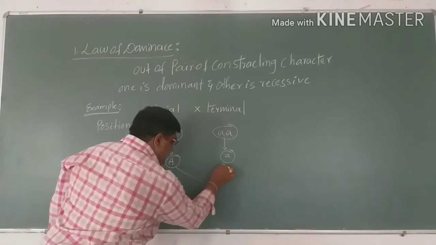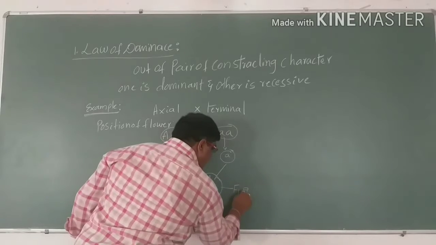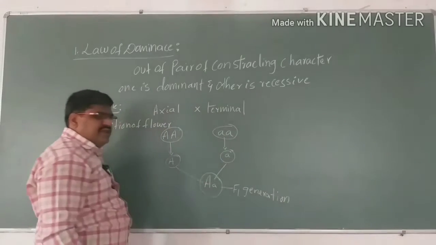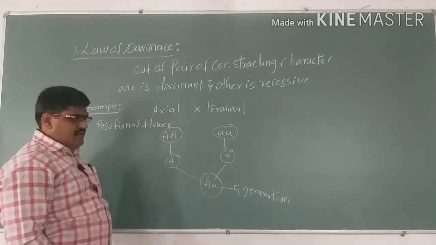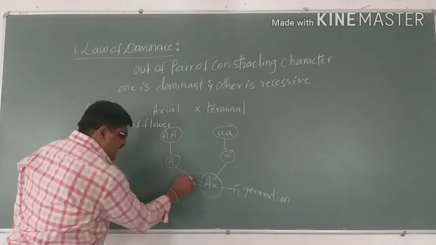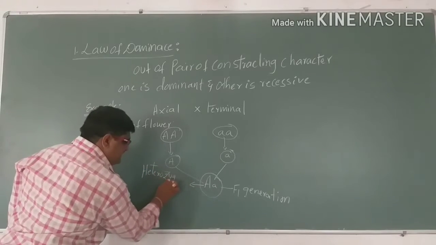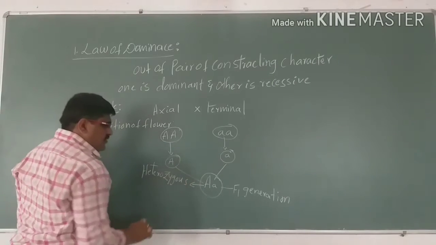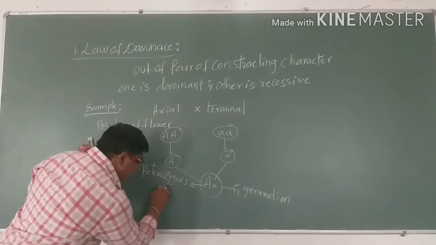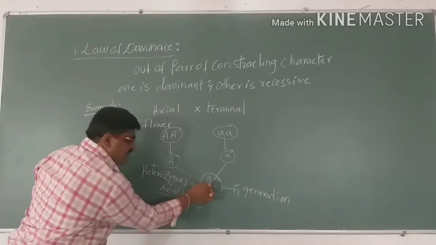When they are segregated, it produces capital A, small a, which we call the F1 generation. F1 means first filial generation, which is a heterozygous condition, and heterozygous axial flowers are present. Why? Because A is dominant over the recessive.